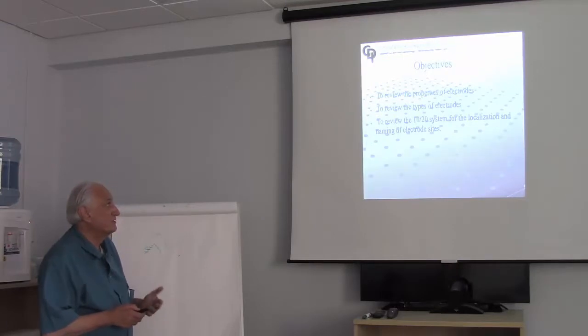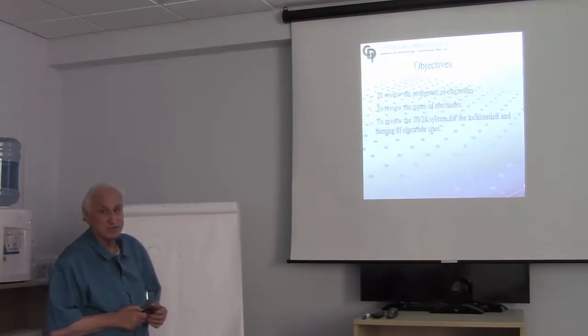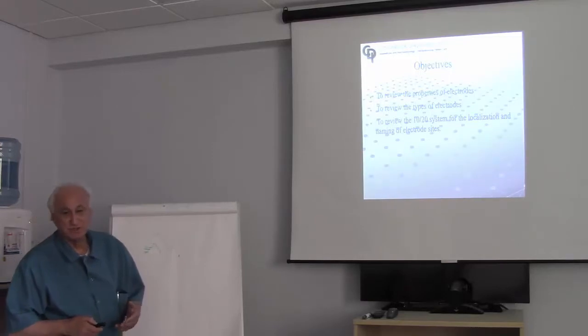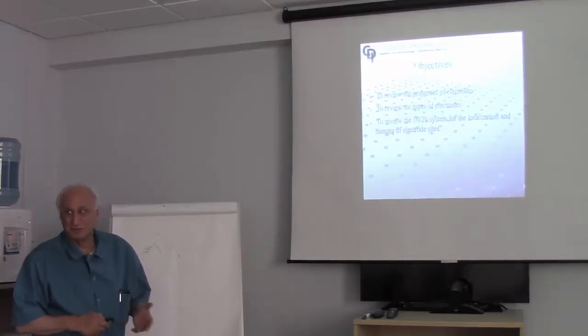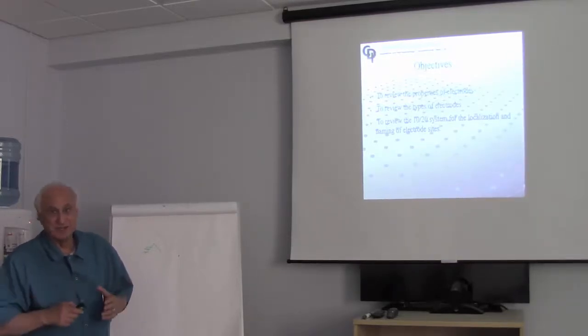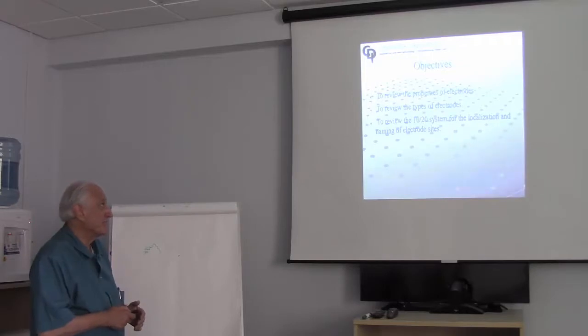So I want to spend a few minutes reviewing the properties of electrodes, the types of electrodes, and the 10-20 system for localization and naming of electrode sites, because it's as important in the operating room to put the right electrode at the right place as it is in the diagnostic lab. So you've got to at least understand that nomenclature. And I'm assuming everybody has that, so we're going to go through this fairly rapidly.